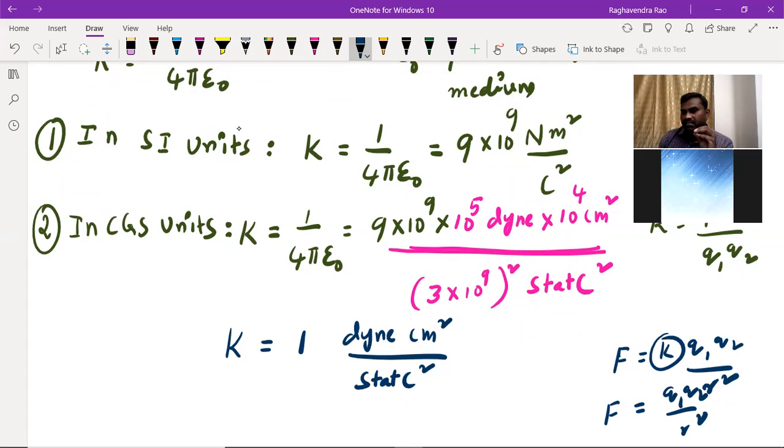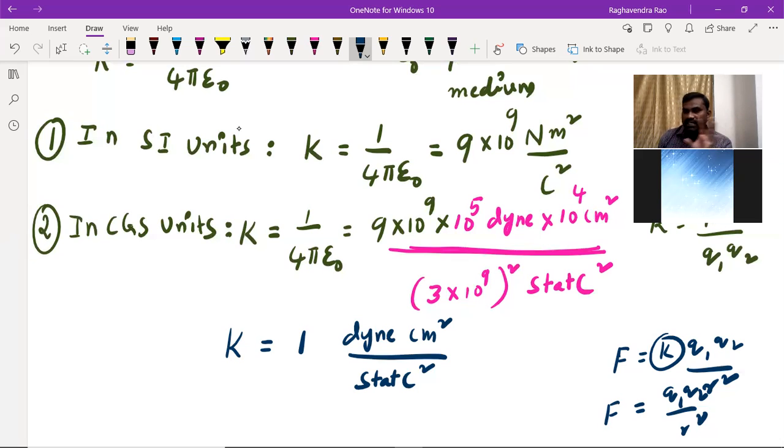So when they are measured in CGS units, there is no need of taking 9 into 10 to the power of 9. We should take 9 into 10 to the power of 9 only when force, distance and charges are measured in SI units. Without taking this point into consideration, many students will always substitute the value of K as 9 into 10 to the power of 9, and they won't get clarity about these units.